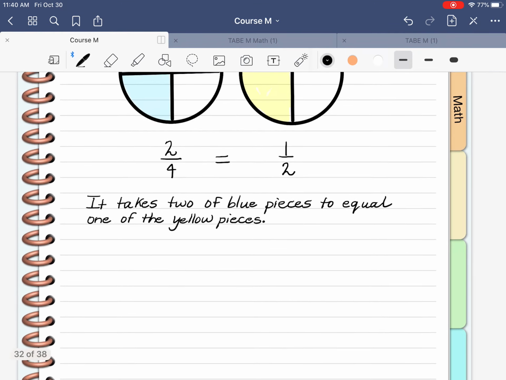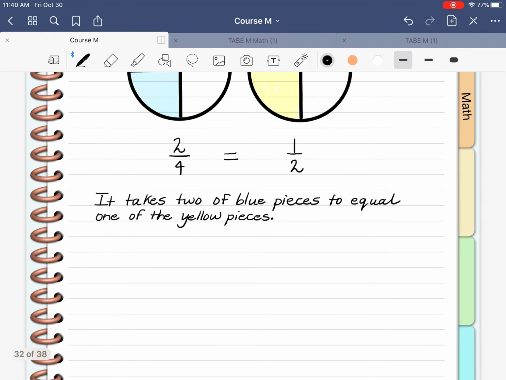Now, let me show you, those of you who are using a calculator. Actually, let's do this by hand first. So what if I couldn't see the circles? How would I find out what 2/4 equals? Well, I can break it down to lowest terms.